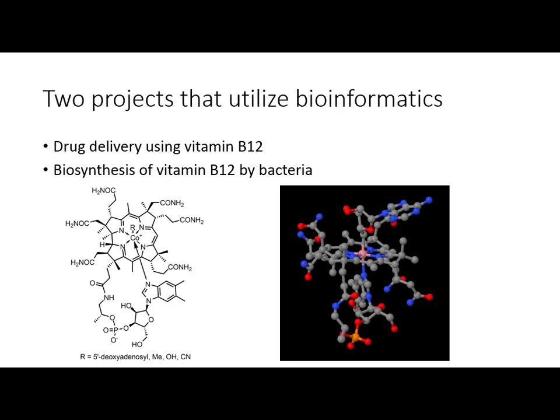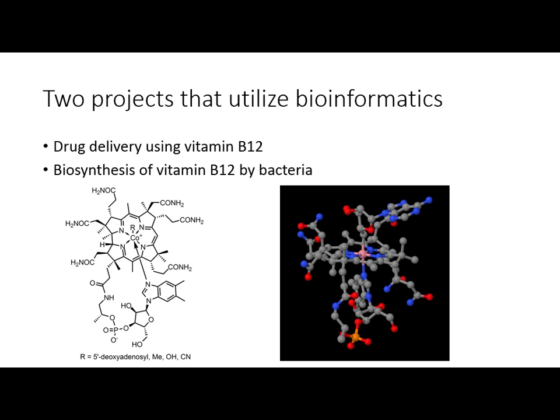This project uses molecular modeling and molecular dynamics. And then the second project is the biosynthesis of vitamin B12 by bacteria. This takes into account looking at different protein sequences and genetic sequences, making phylogenetic trees, and figuring out an evolutionary story based on big data.